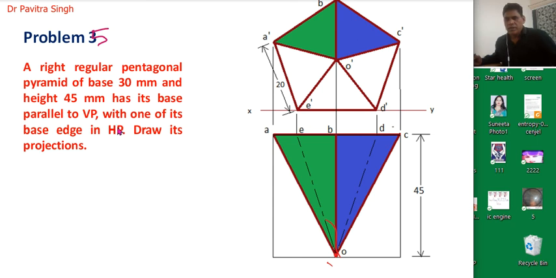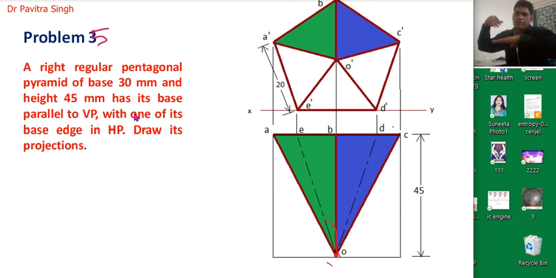So actually this pyramid has its axis parallel to the horizontal plane. That's why we can see the complete projection of its 5 sides from the top.